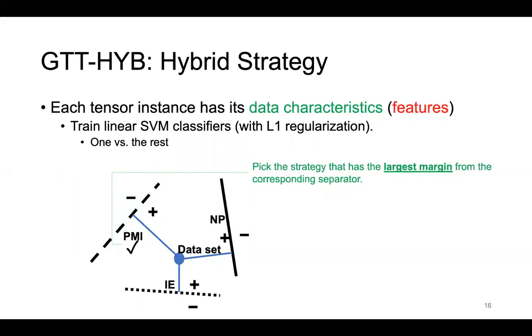And each of them has one linear SVM classifier. And once we get the data set, we will pick the strategy that has the largest margin from the corresponding separator. That's because the data set can be separated by this given separator. So we use the related strategy to do the order selection.